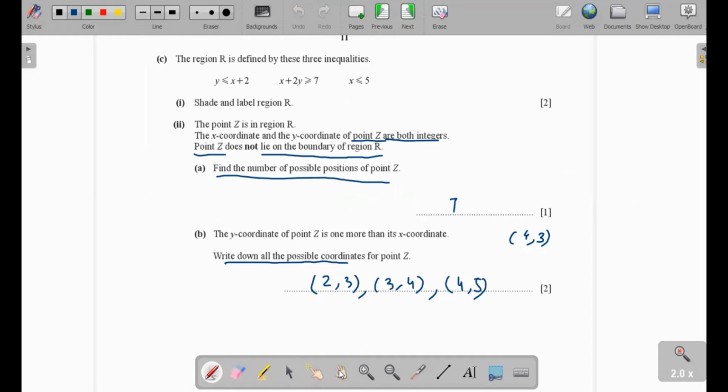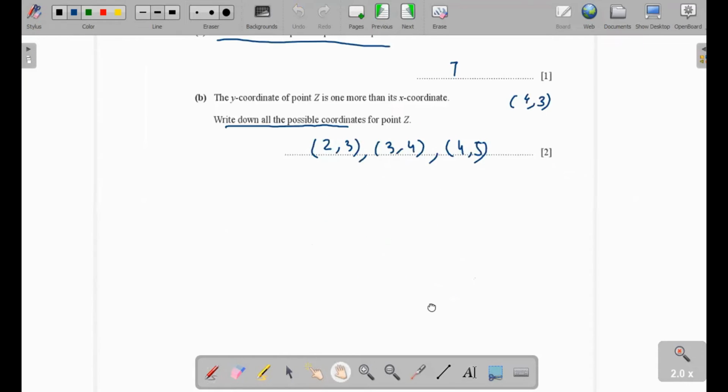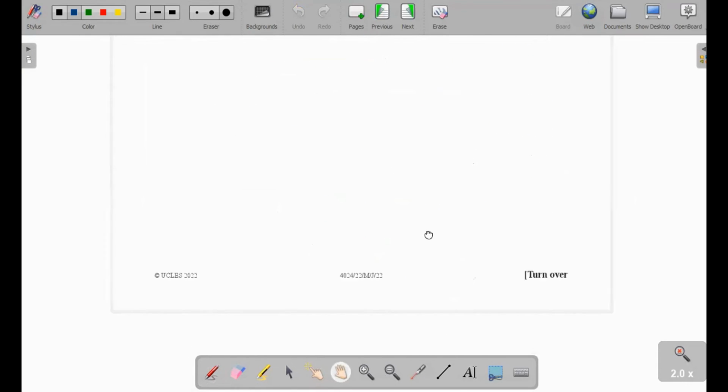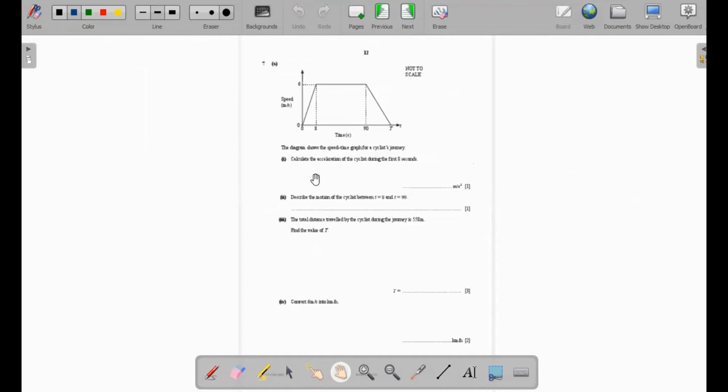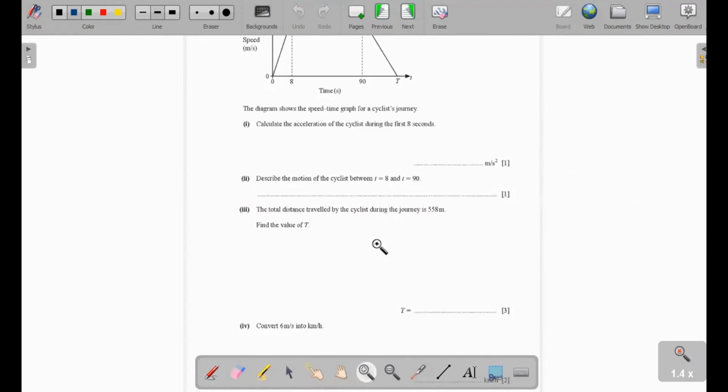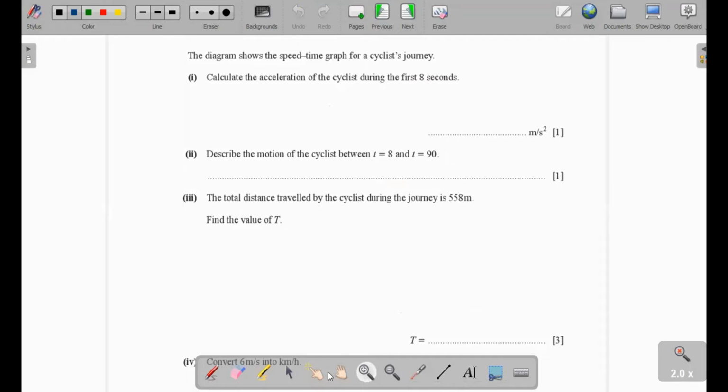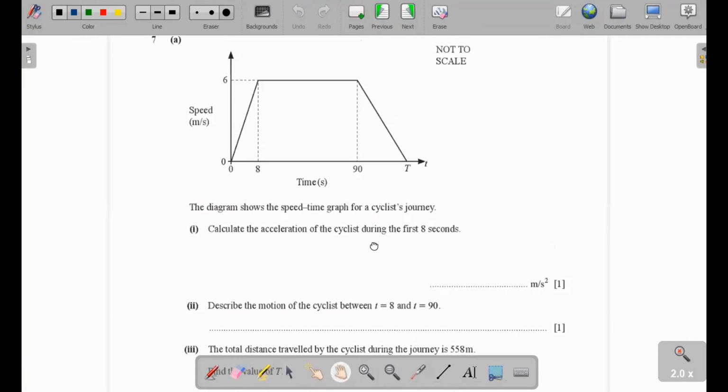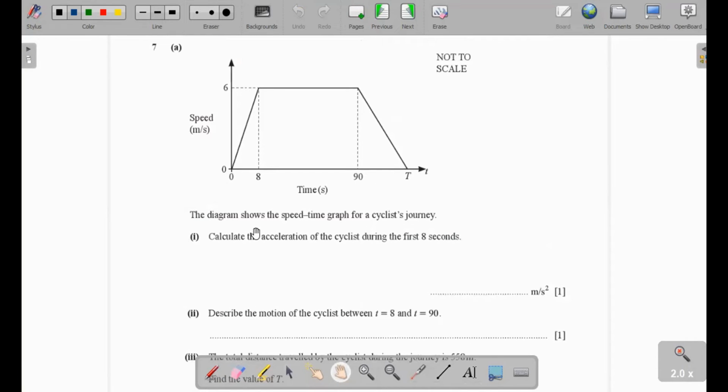Now, next question is 7. Question 7a. The diagram shows the speed-time graph for a cyclist's journey.